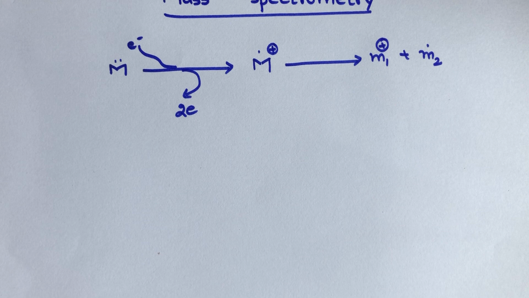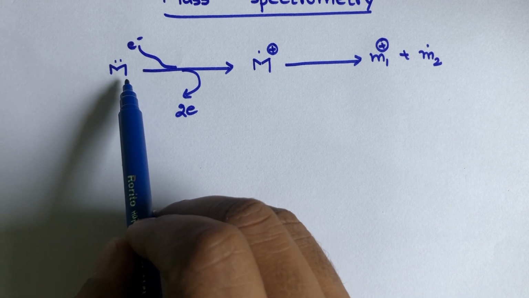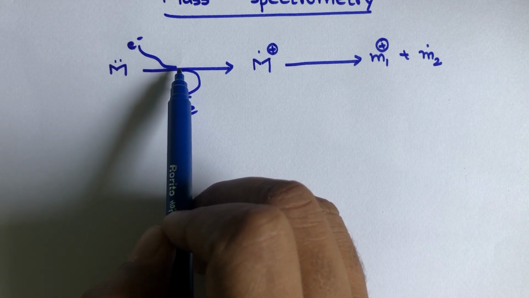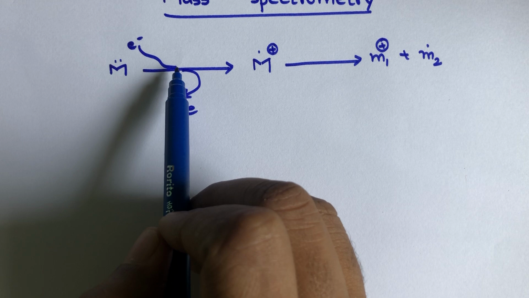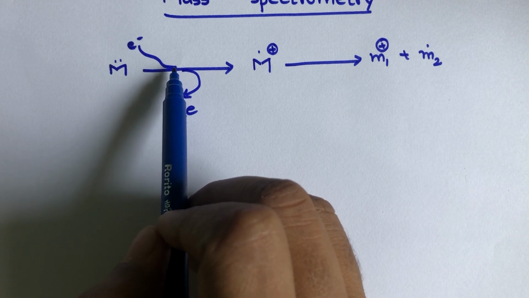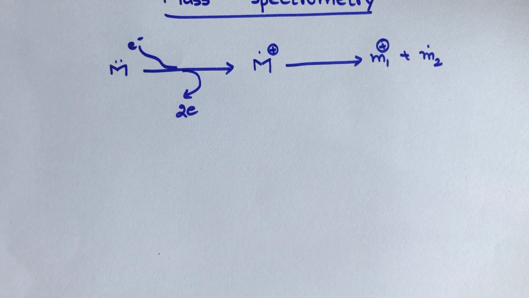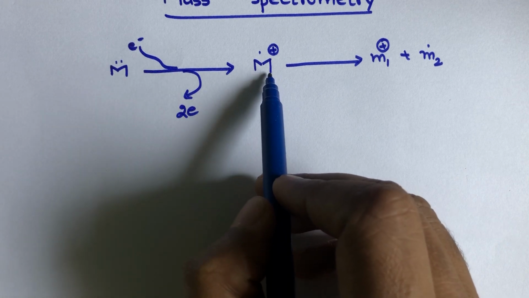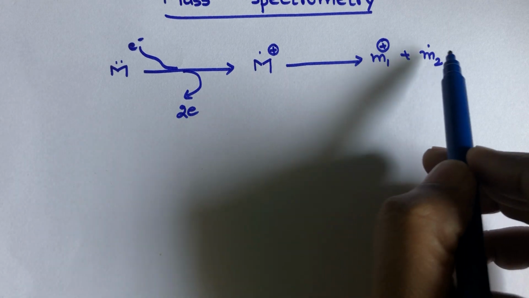So what happens in this technique is that an organic compound in its vapor state is bombarded with a beam of high energy electrons, having energy of the order of 6700 kilojoules per mole, in vacuum. The molecules of the organic compound get ionized and they split into fragments.